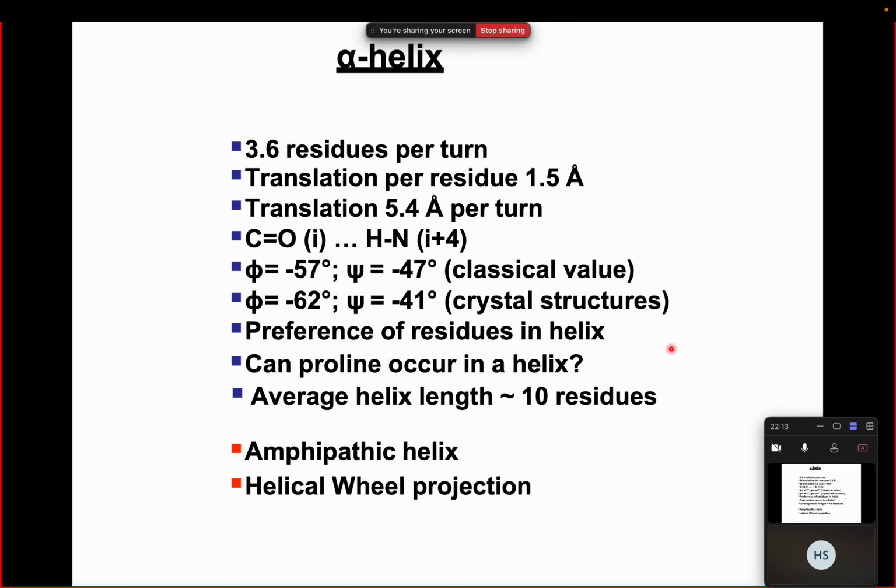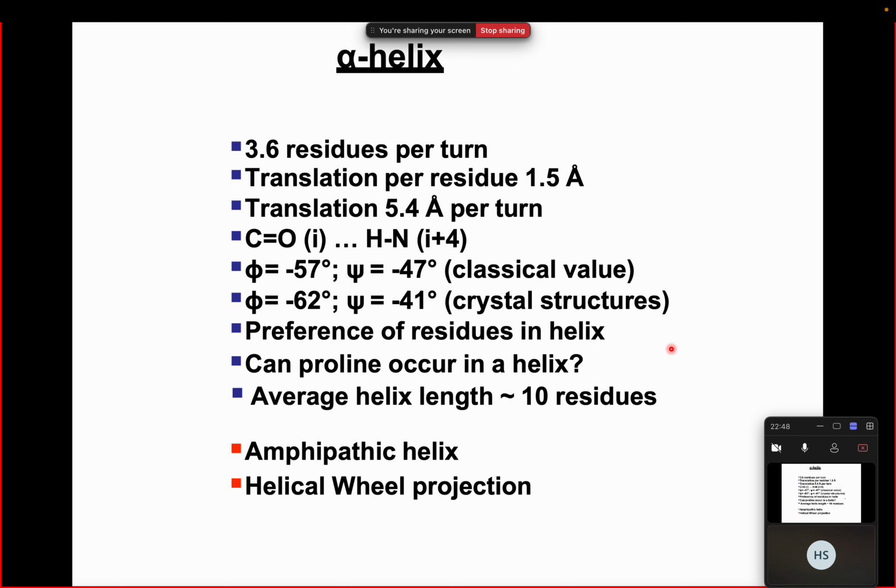Per residue there is 1.5 angstrom of translation, and in one turn there is a total of 5.4 angstrom of translation. You can easily calculate it, right? If per turn we have 3.6 residues, and one residue provides 1.5 angstrom of translation, then how much translation will it require to complete one turn? So you can easily calculate that.